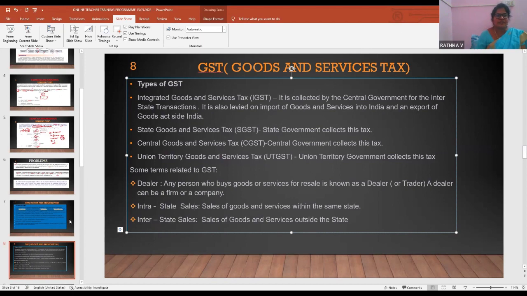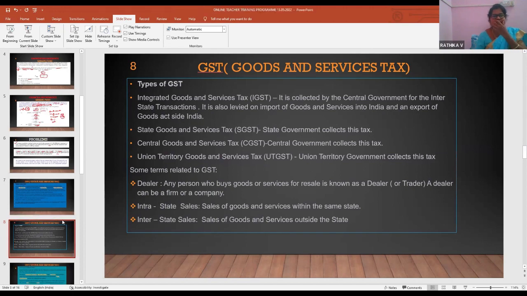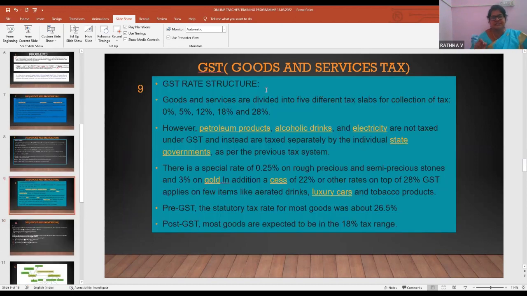Now, next point is the GST rate. Generally, you take any item, we are paying GST. For paying GST, sometimes 0%, sometimes 5%. So these are the standard slabs which are fixed by the government. Goods and services are divided into 5 different tax slabs: 0%, 5%, 12%, 18%, and 28%. Some examples are given here.